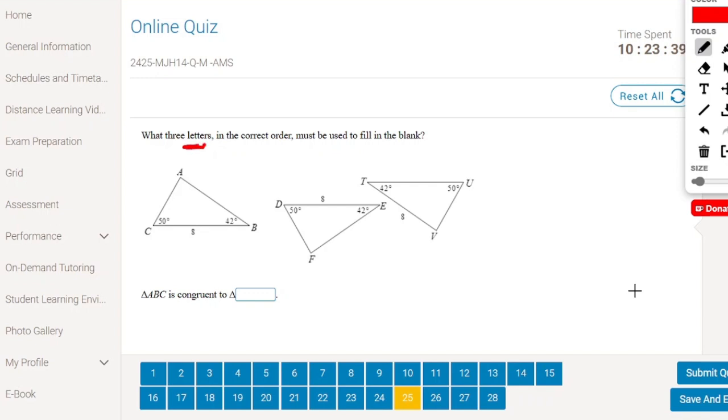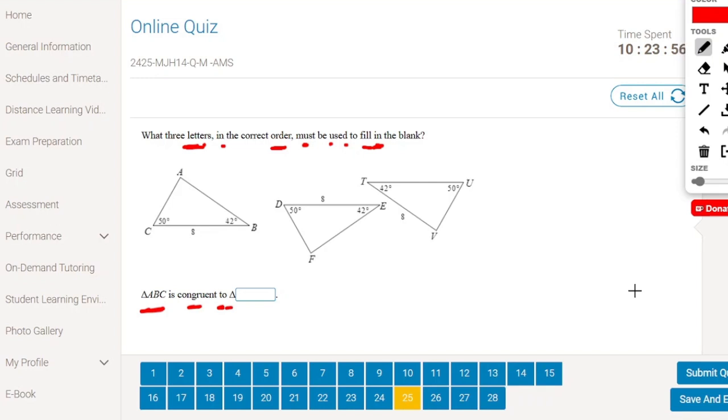Now question number 25. What three letters in the correct order must be used to fill in the blank? I have three triangles. Triangle ABC is congruent with which triangle?